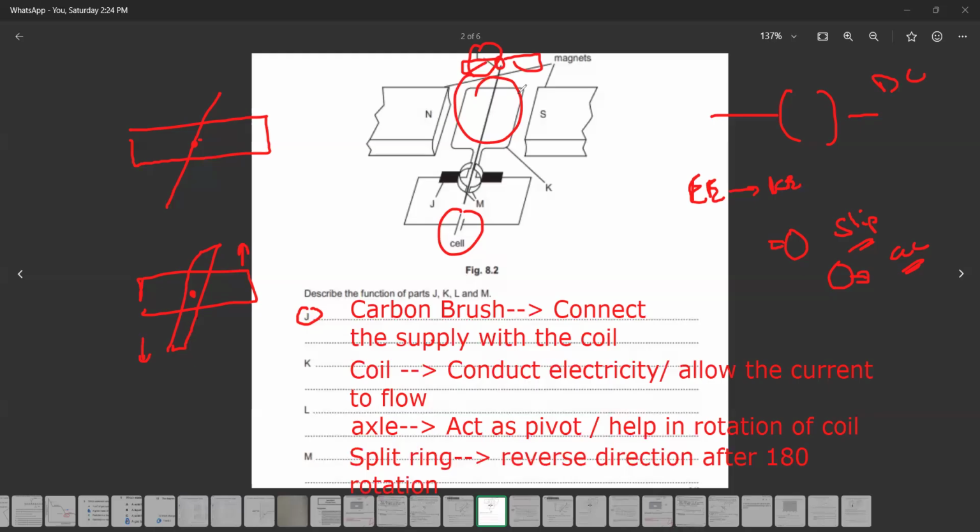But in a DC motor, when the coil is rotating, at some parts the coil loses contact with the circuit. The internal and external circuit don't have any contact. So in DC, we want half to pass, then stop. But in AC, we want the current to flow continuously and change direction. For a DC motor, you will use the left hand. For an AC generator, you will use the right hand.